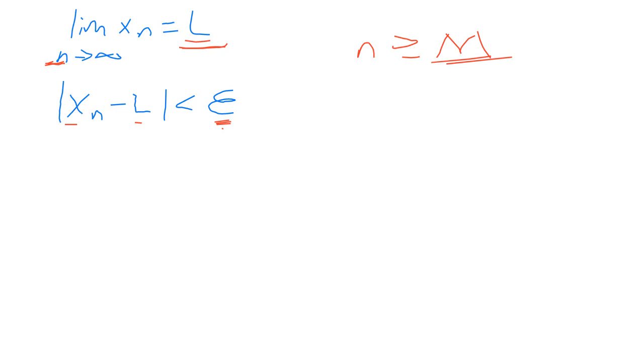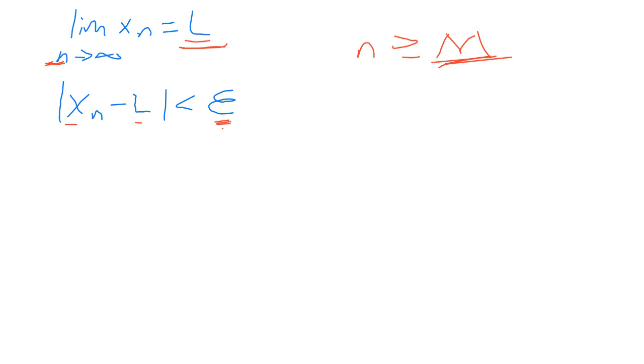So you want to prove that no matter what epsilon you choose, no matter how small you make epsilon, there is an m that n is getting larger than to make the distance between these two smaller than epsilon. That's what you're proving. So epsilon is the arbitrary number.